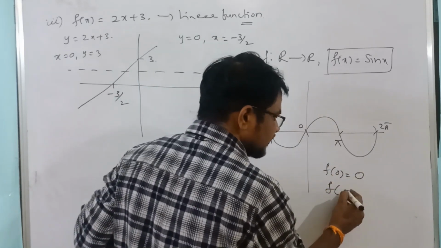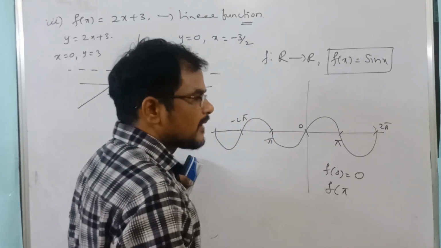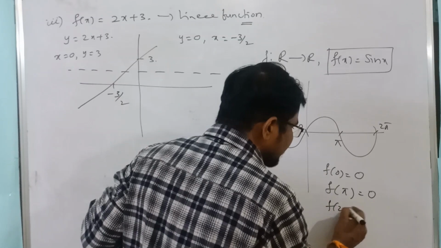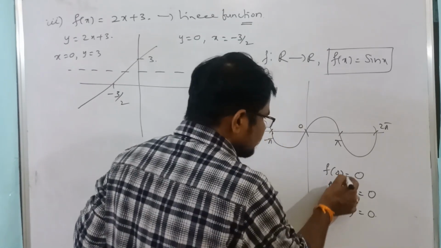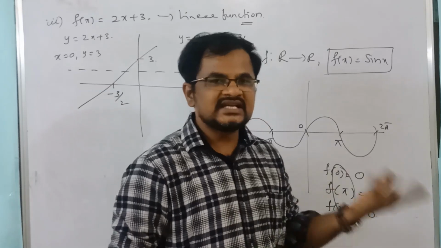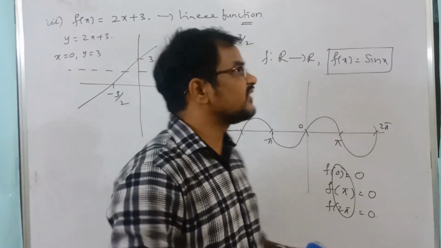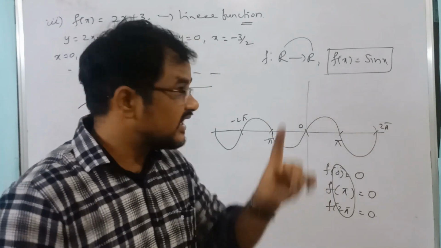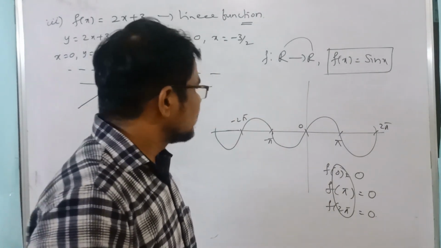So f of pi is 0 only. f of 2 pi is 0 only. So for different values, we are getting the same value. Meaning clearly it is a many-to-one function. In which interval? R to R. That one you have to observe carefully. Understood?